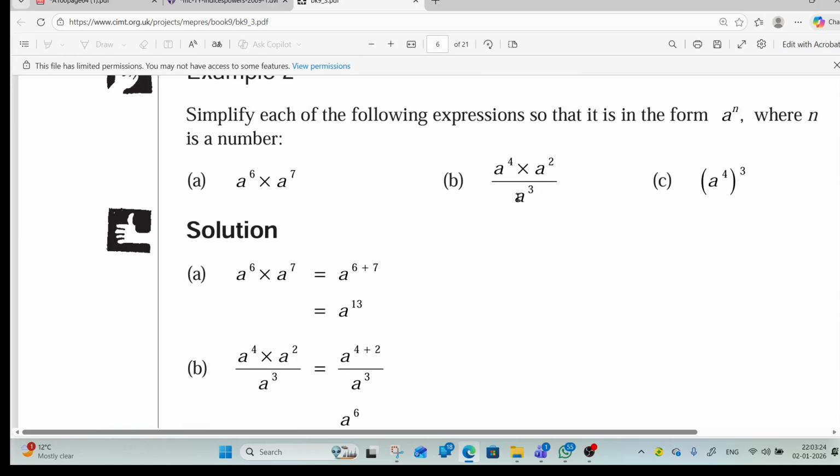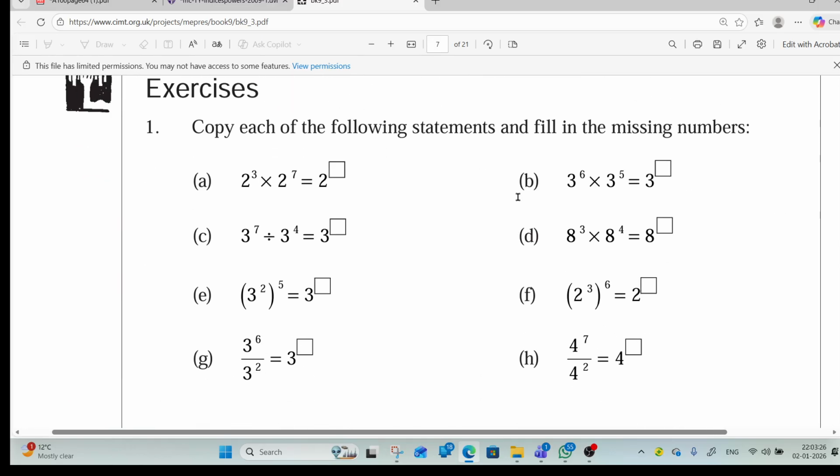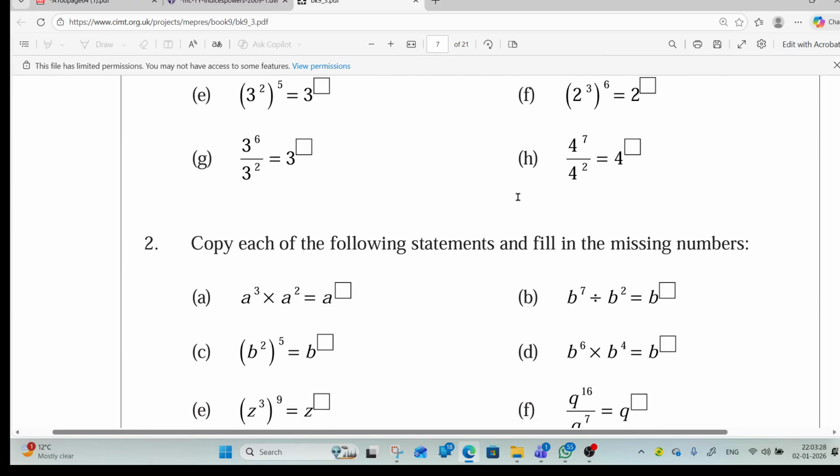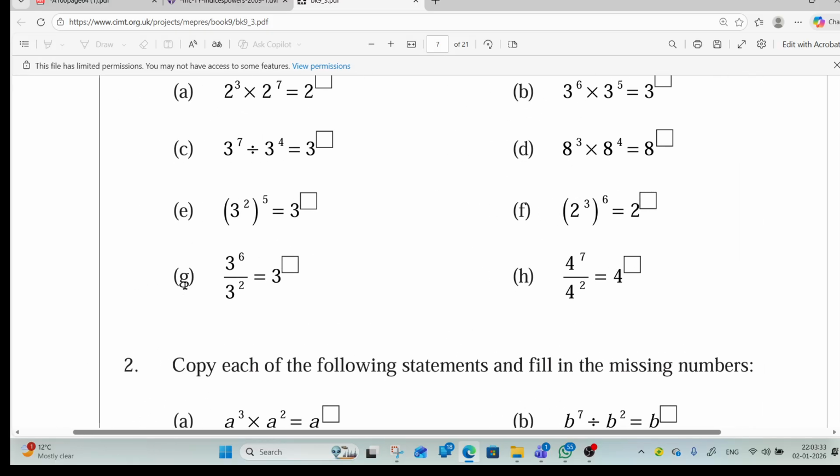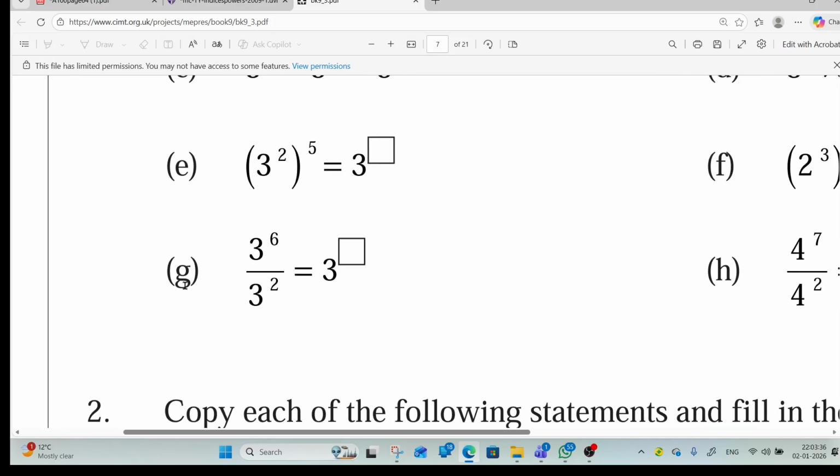Now let's try this one. Can you tell me how much is this? 3 to the power 6 over 3 to the power 2.